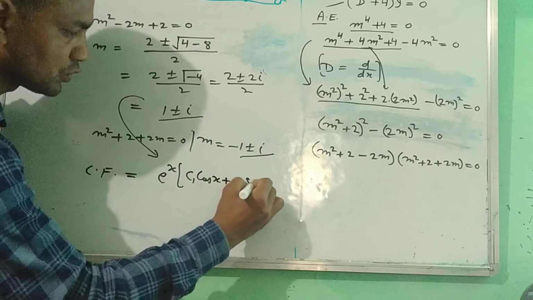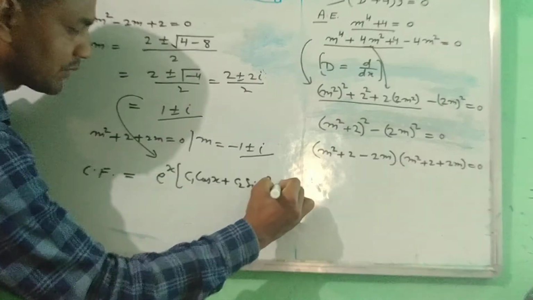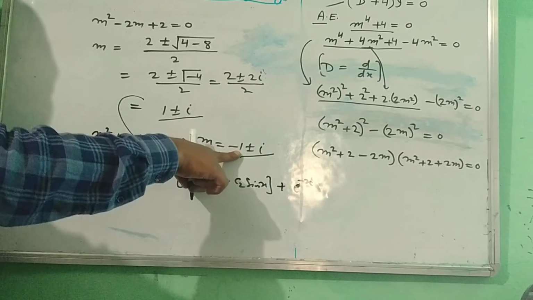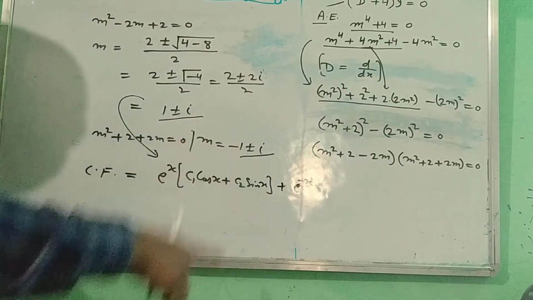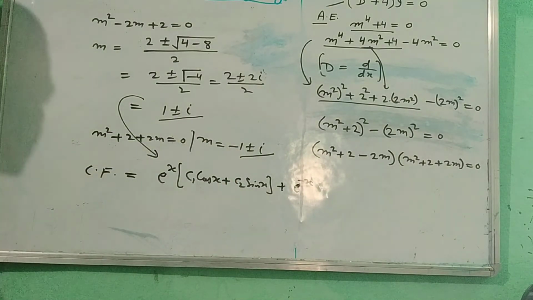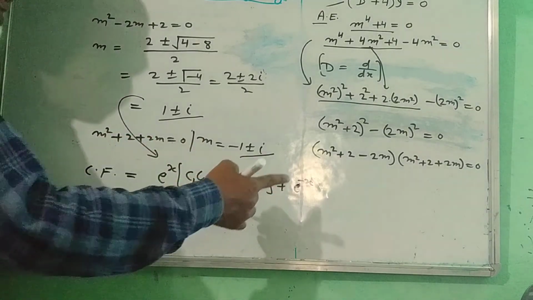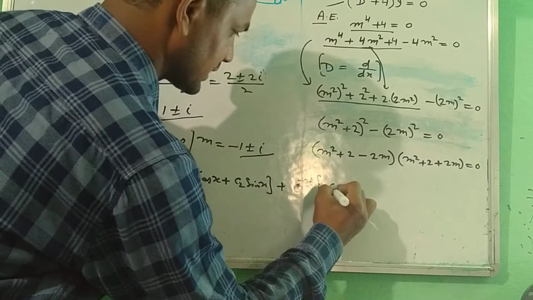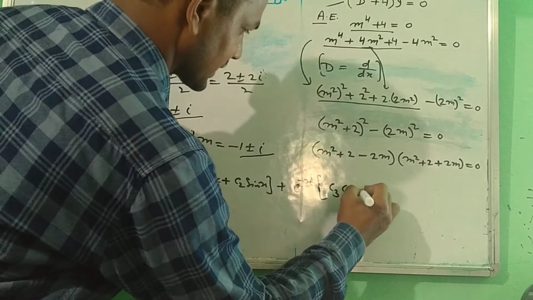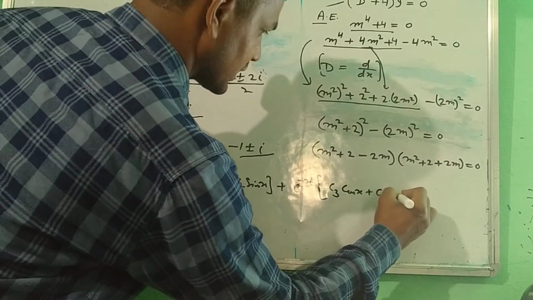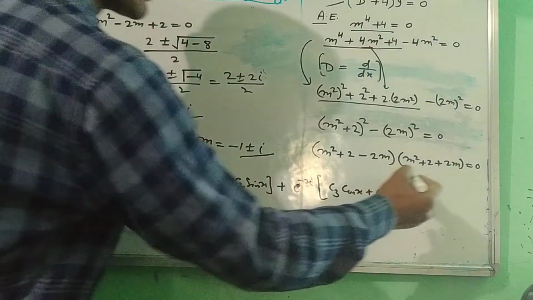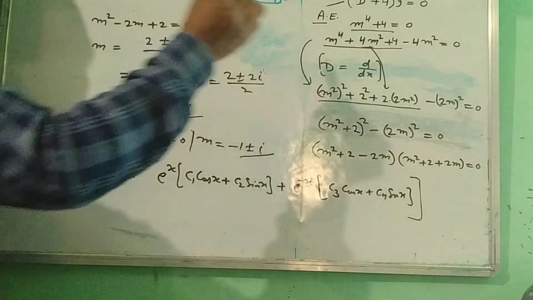Plus, for the second pair, where α is -1, e^(-x)(c3 cos x + c4 sin x). So this is the complementary function and the complete solution for this differential equation.